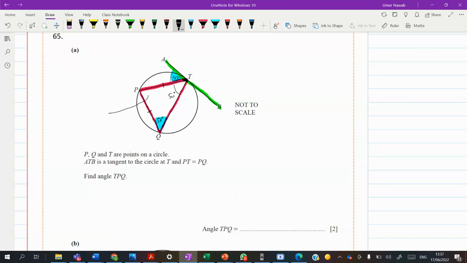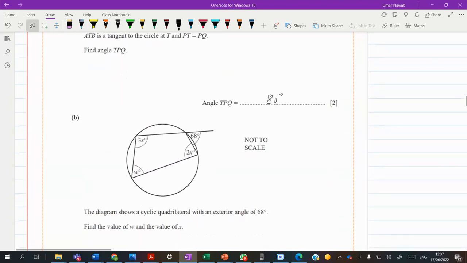And then you can find this angle, 180 minus 50 plus 50, and you will get 80 degrees. I'm gonna go to the next cyclic quadrilateral property, boys. This corner, this corner, this, and this. All the four corners of a quadrilateral are on the circumference.